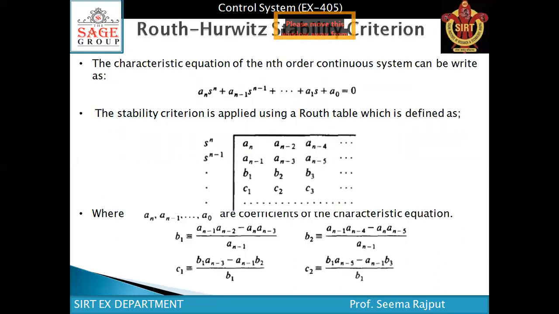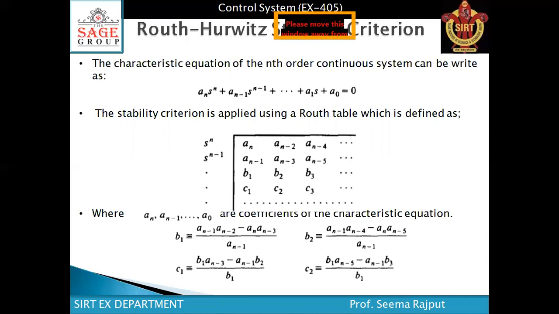Now, in the Routh-Hurwitz stability criteria, the characteristic equation of the nth order continuous system can be written as a_n s to the power n plus a_(n-1) s to the power n minus 1 plus ... plus a_1 s plus a_0 equal to 0. So this equation runs from power n down to 0.